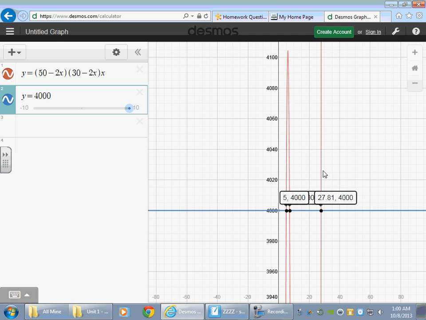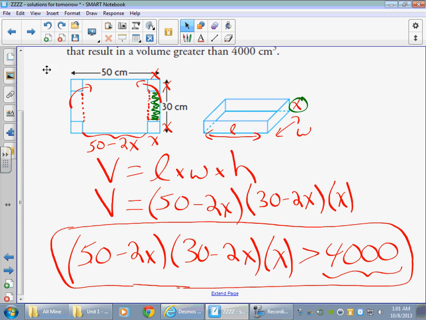What you want to remember with this question is we're talking about this box. So it's no longer just a basic equation, it's theoretically a real-world problem. What we found was if we cut off between 5 and 7.2 centimeters from every corner, we end up with a volume over 4,000. That seems pretty reasonable.